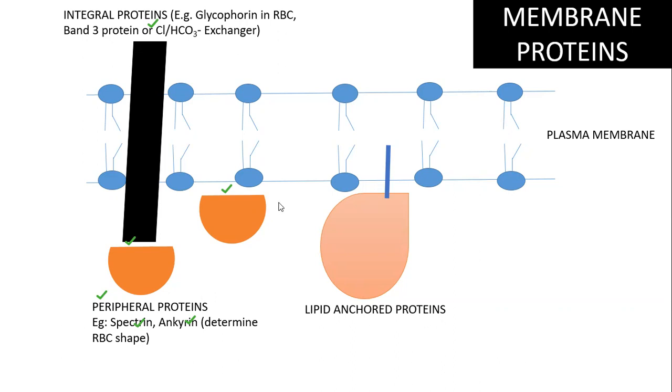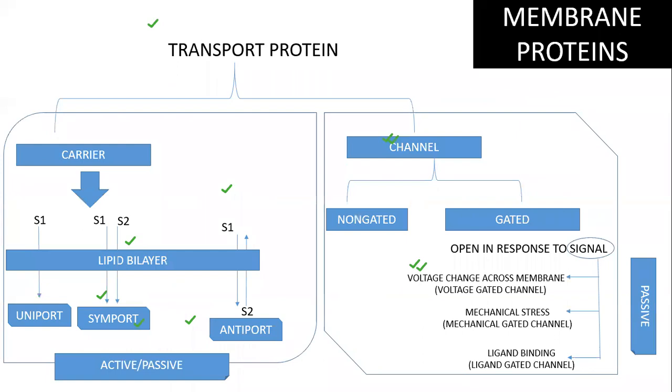And last come the lipid anchored proteins. Lipid anchored proteins are proteins which are inserted into the lipid bilayer not directly but via some structures, or rather anchors. So these are the three types of proteins which are present in the plasma membrane.